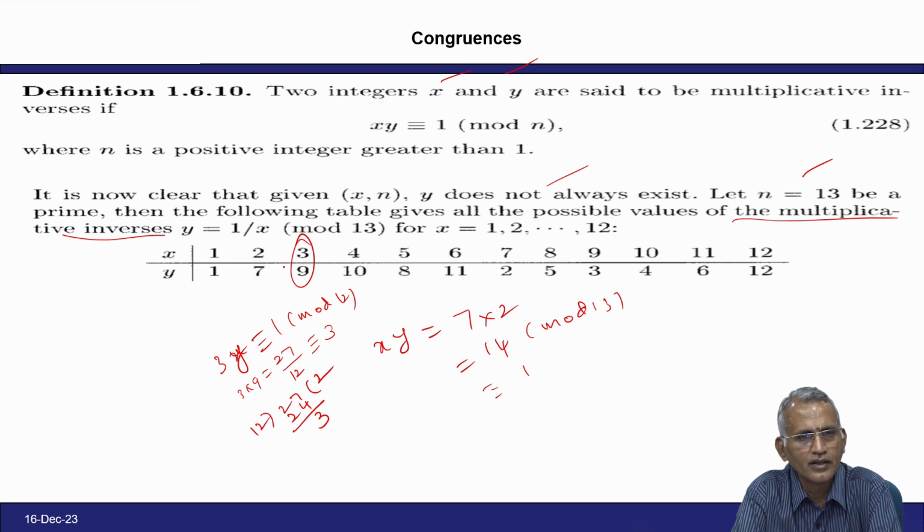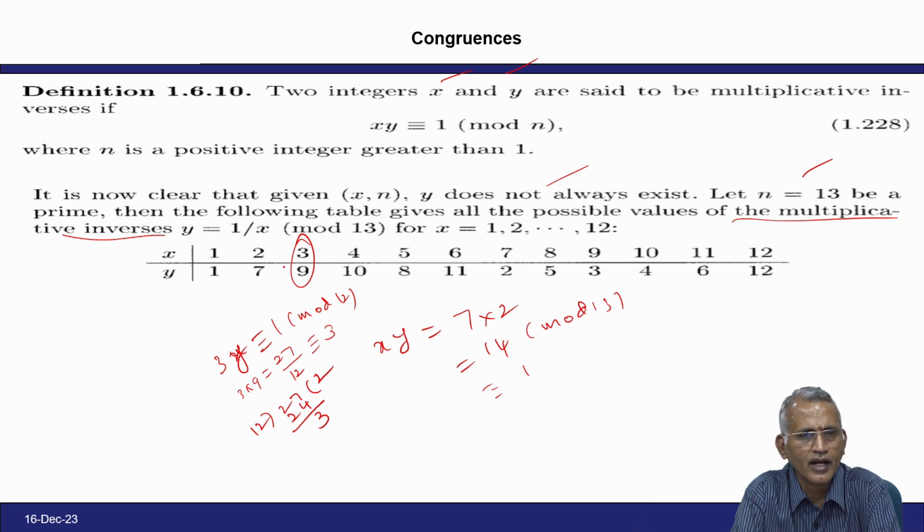So, like that you apply the division algorithm, take one value and we can find the other value. So, xy identically equal to 1 under modulo n: for example 4 into 10 is 40, and 40 divided by 12 gives remainder 1. This way we can find the corresponding inverse of one number to another number.